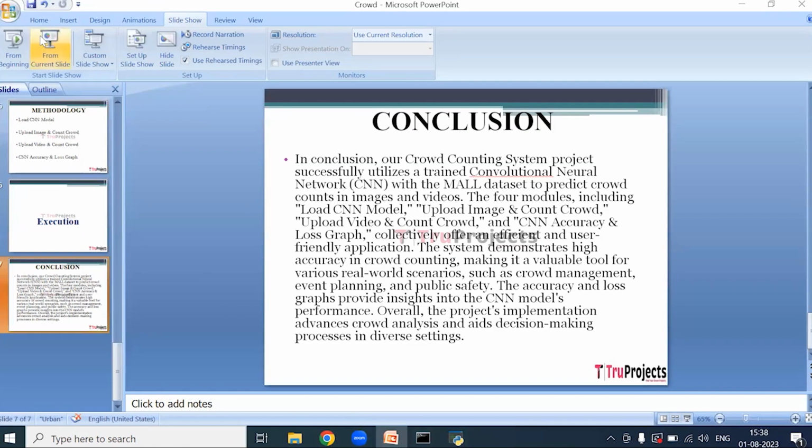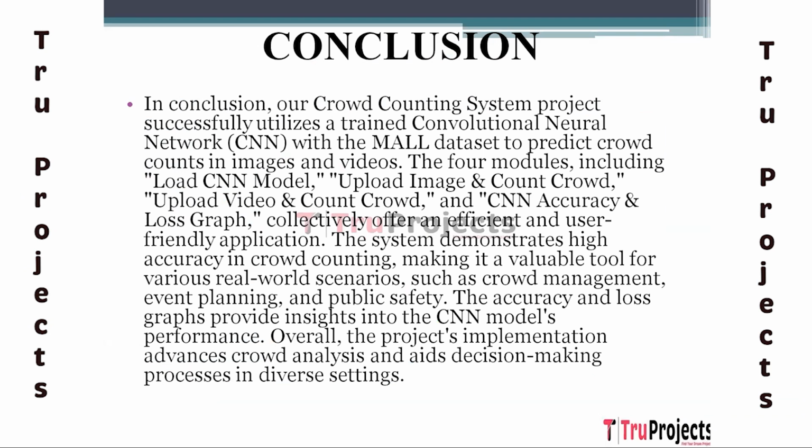And the final conclusion of the project is the crowd counting system project accurately predicts crowd counts in photos and videos using a trained convolutional neural network and the MALL dataset. The 4 modules, which include Load CNN Model, Upload Image and Count Crowd, Upload Video and Count Crowd, and CNN Accuracy and Loss Graph, work together to provide an effective and user-friendly application.